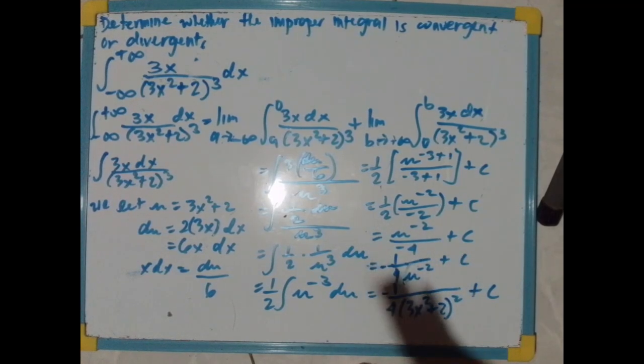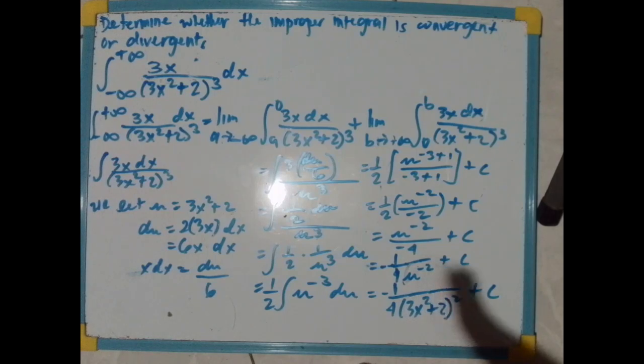An integral is convergent if it gives a finite or real number as the result, while a divergent integral is one that goes to infinity, negative infinity, or just doesn't settle to a finite number, just like undefined.